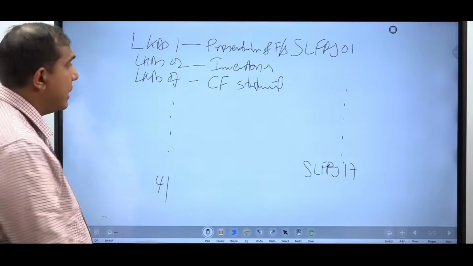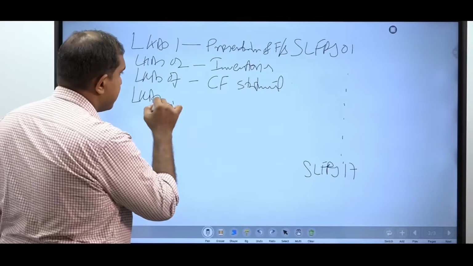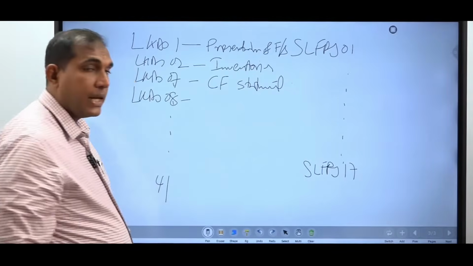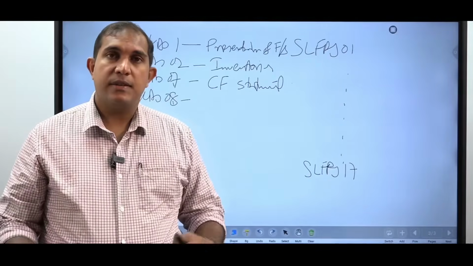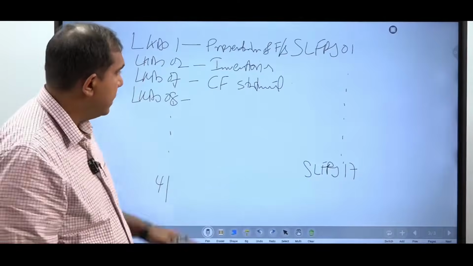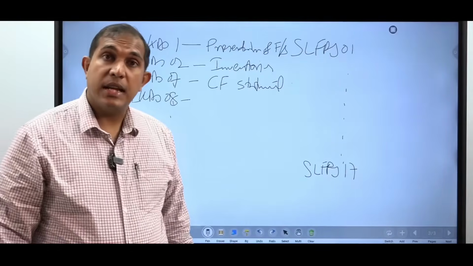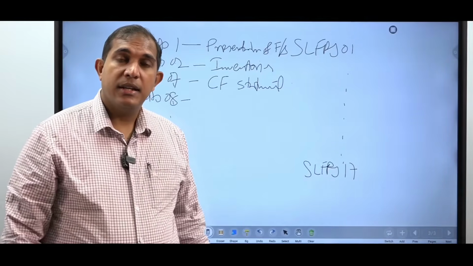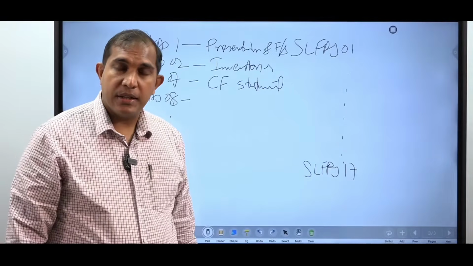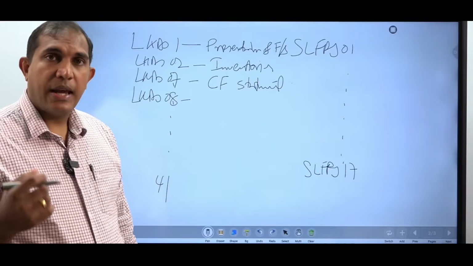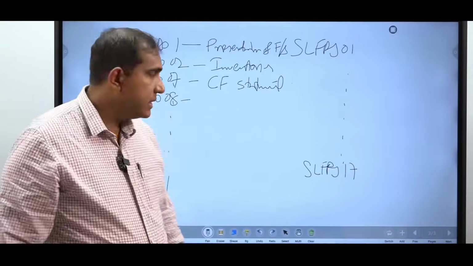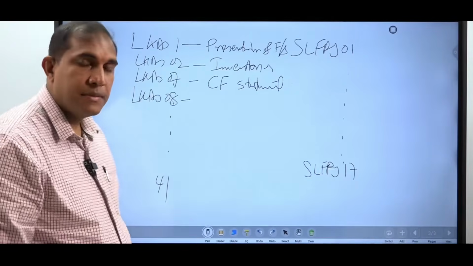LKAS 8, accounting policies, changes of estimates and errors. LKAS 9, not in the world. LKAS 10, events after the reporting period. LKAS 11, not in the world. LKAS 12, income tax.